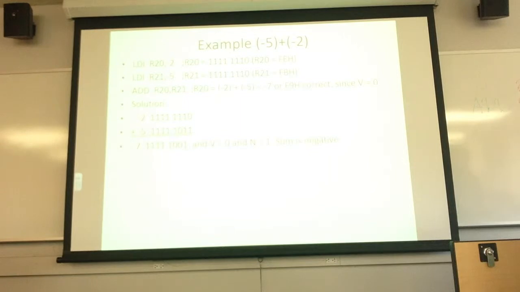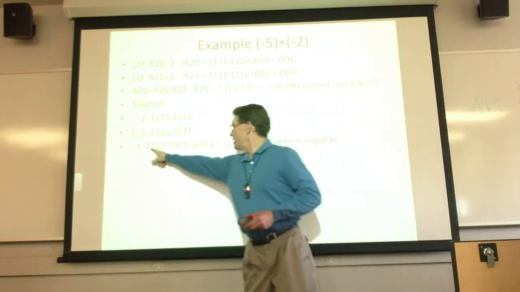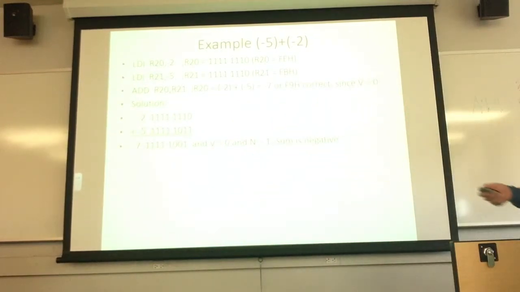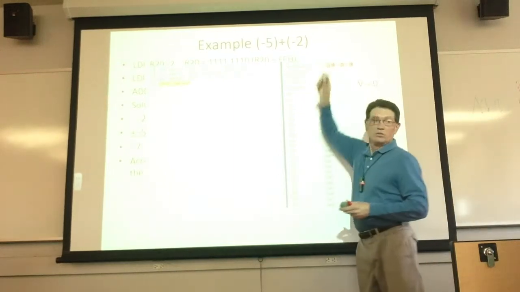When I add them together, the V flag equals 0 and the N flag is 1, because the 7th bit is set. The V flag is 0, we're fine. Life is good. You can see that the V flag isn't set, the N flag is definitely set because the 7th bit is high. We'll get to why this other S bit is signed also. We'll talk about that shortly.